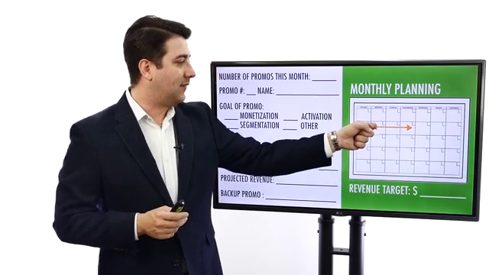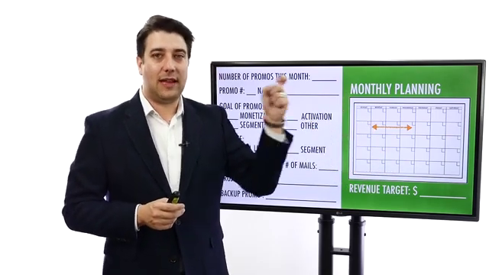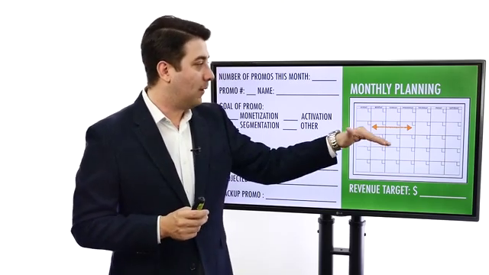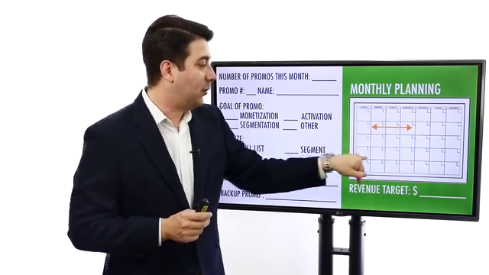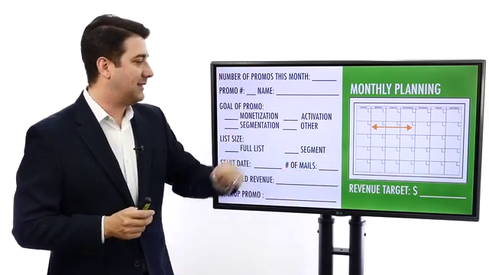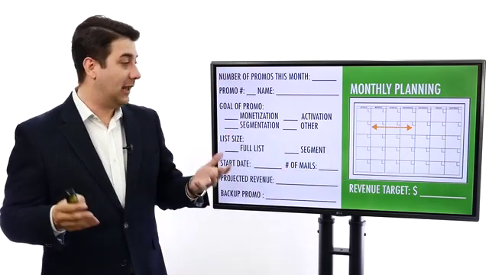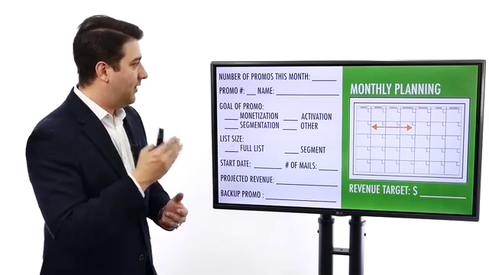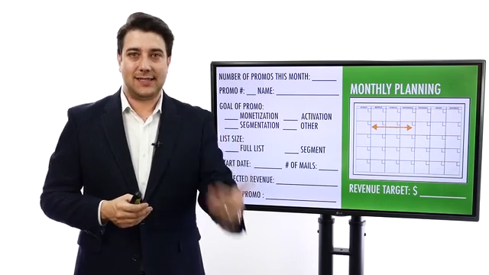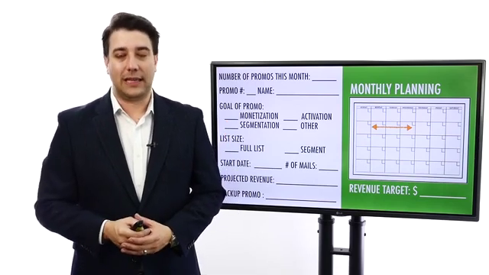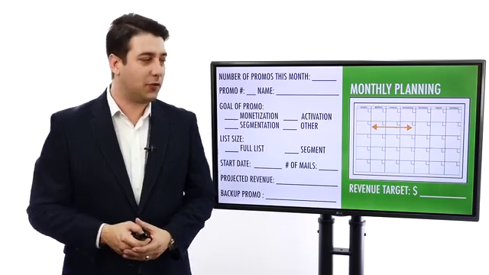Maybe I run an activation campaign because I think that if I activate more recent buyers in month 1 or in week 1, I'll double down and get an additional promotional push or revenue push from the monetization campaign that I'm going to hit in week 3. You have to have a backup promotion. This is the difference between consistent email marketing success and routinely falling shy of your goals.